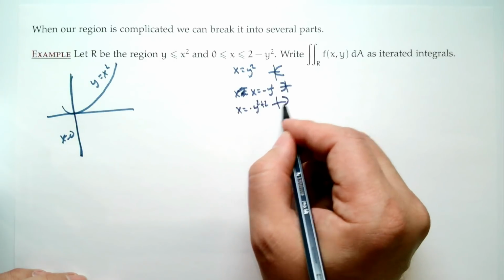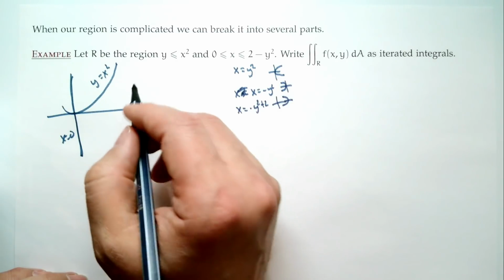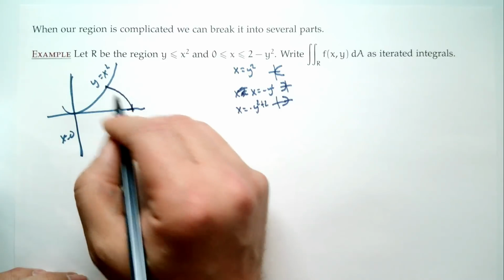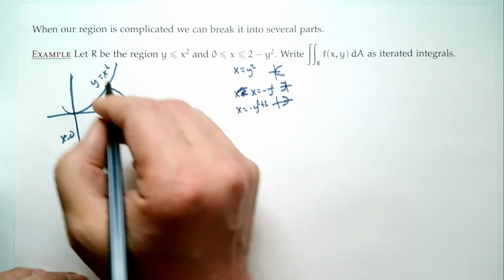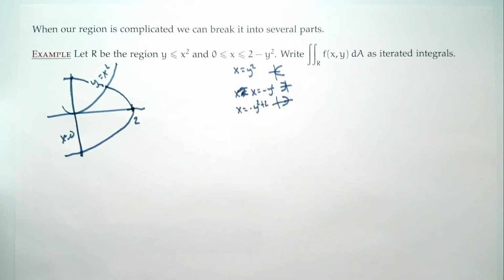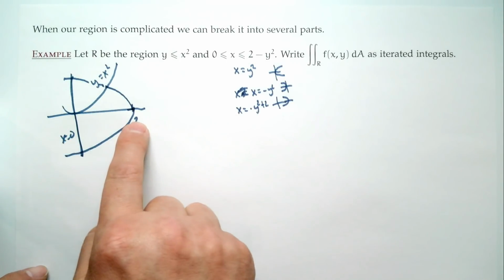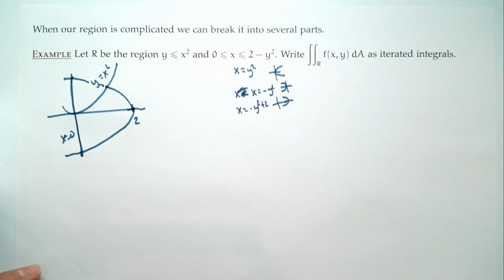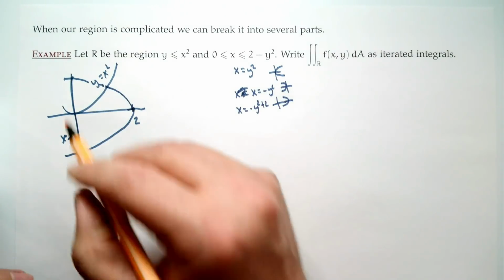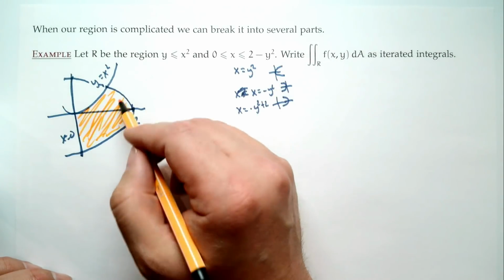So what happens is you shifted it over by 2. So I'm going to come over here, and I'll say this is roughly where 2 is, and then I'm going to open my parabola up this way. Okay, so what's my region? Well, I have to be below y equals x squared, and I have to be between x equals 0 and then this curve 2 minus y squared, which means that my region is this part. Okay, so there's my region.